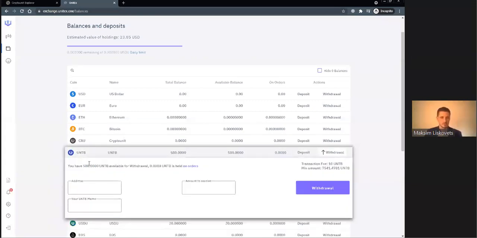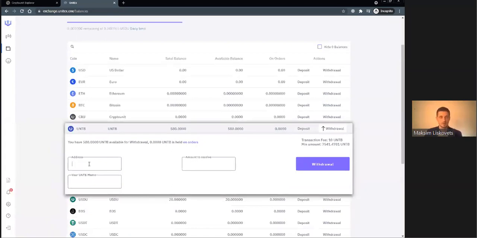And in here, you need to specify the address to which you want to move your funds. And see here, you can see the transaction fee. It also tells you that there is a minimum amount for withdrawal from the UnitEx exchange.